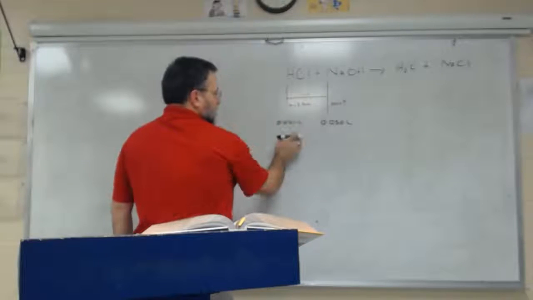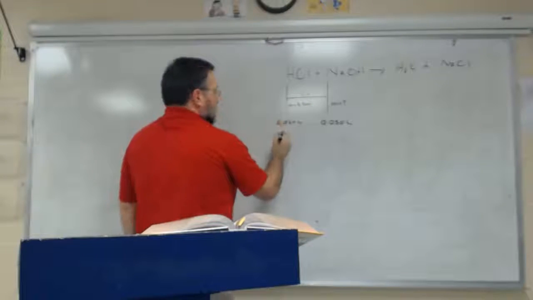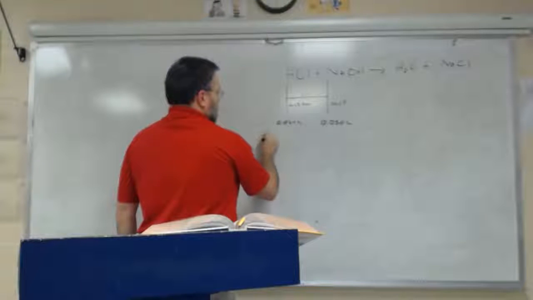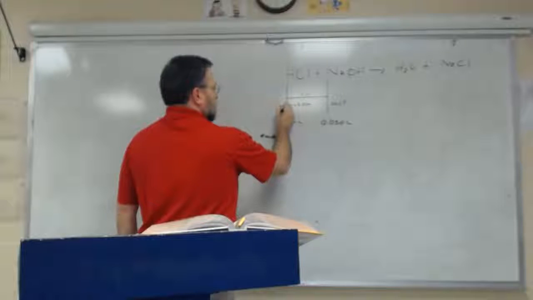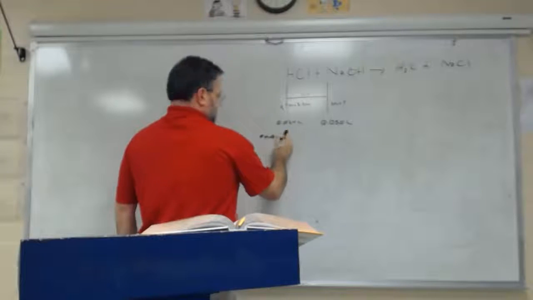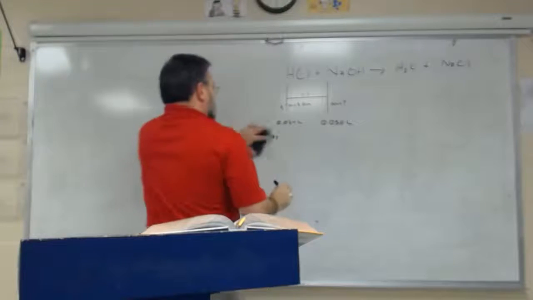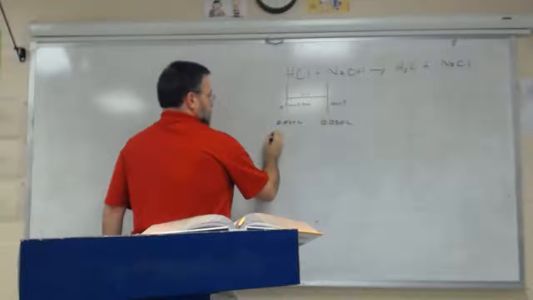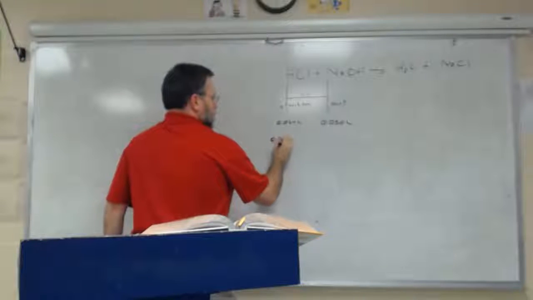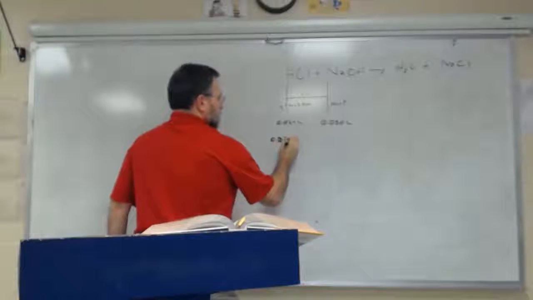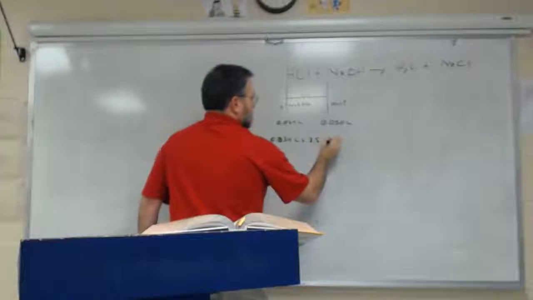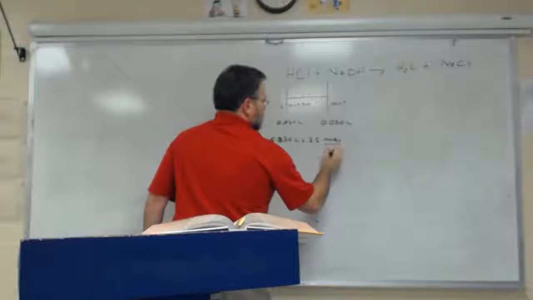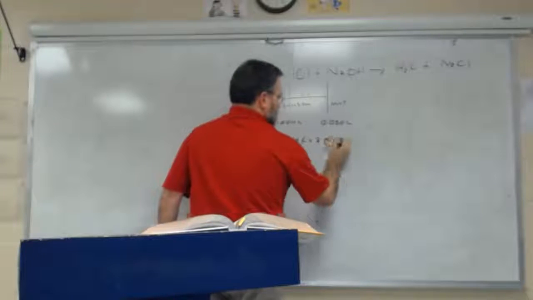My number of moles is going to be my molarity times my volume. The number of moles, because up, remember, is multiplication. So it's going to be 0.034 liters times 3.5. Molarity is moles per liter. Liters cancels liter, leaves me with moles.